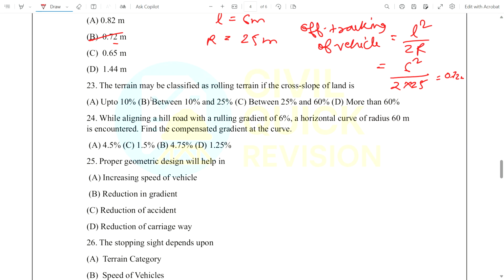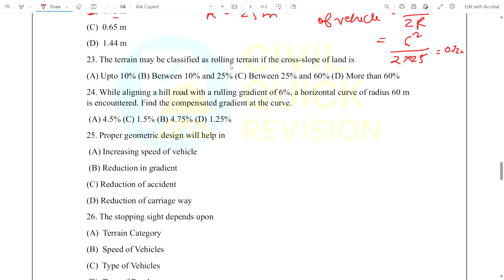Okay. Now question number 23. The terrain may be classified as rolling terrain if the cross slope of the land is in between what? Up to 10%, 10 to 25, 25 to 60, more than 60. You just remember one table. Write it in your copy or wherever. The terrain is classified as plain, rolling, mountainous, and steep.